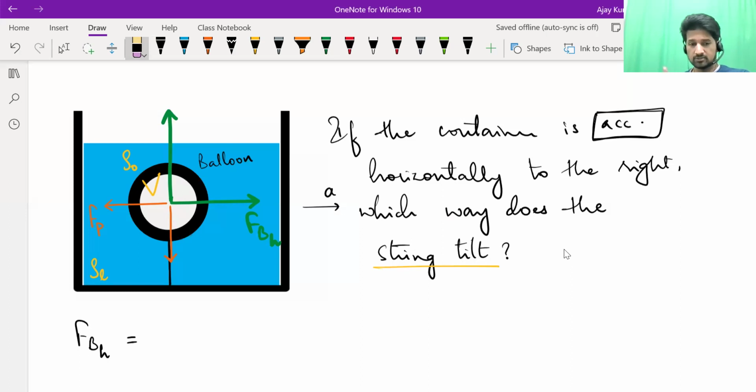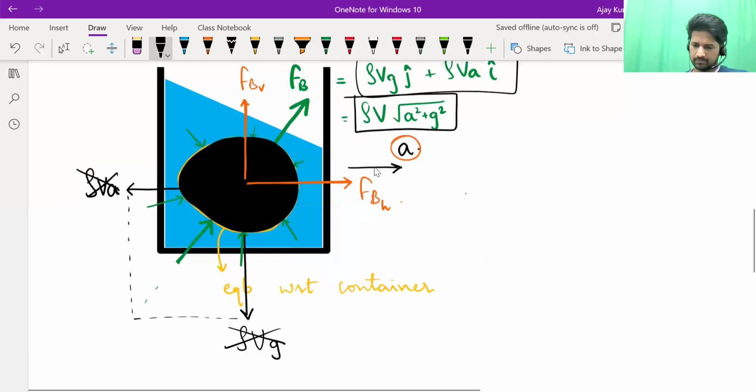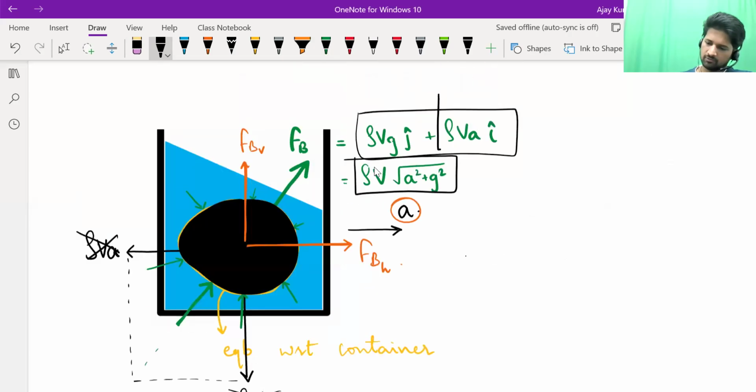It depends on rho L. Horizontal buoyant force arises due to horizontal acceleration, so it will be rho L into volume immersed into A. That's what we proved in the last problem. The horizontal component of buoyant force is rho V A, where rho is the density of the liquid.